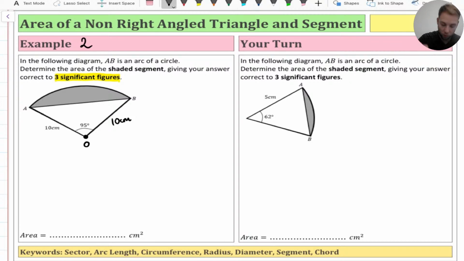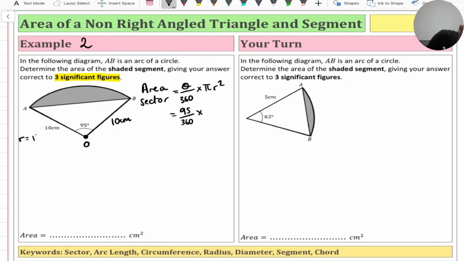So let's first of all work out the area of the sector, which is equal to, well, we know the area of a sector is theta over 360 times pi r squared, which in this case theta is 95 over 360 times, now let's just write on the side here, my radius is equal to 10 centimetres, my diameter is equal to 20 centimetres.